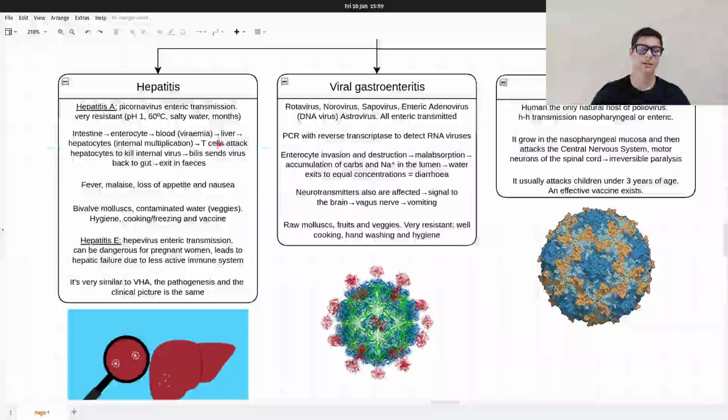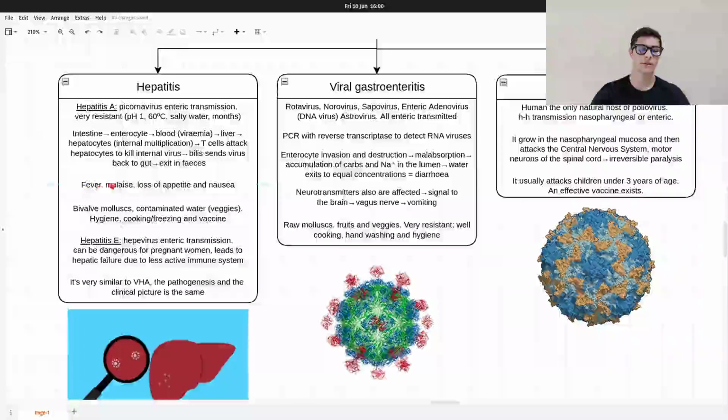So basically, it's going to kill a part of the liver to try to kill the virus inside that cell. The virus can of course enter the biliary duct. The bile sends the virus back to the gut and it will exit in feces.